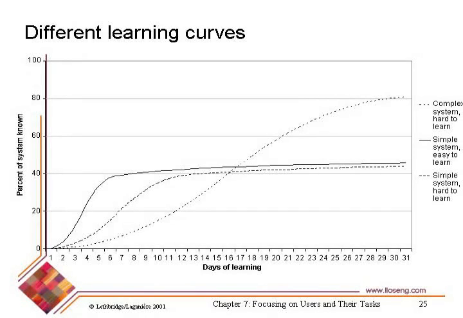You might have heard of a steep learning curve. That term is used incorrectly. A steep learning curve is actually good. This learning curve here is the steepest one. It means they're learning faster. So when people talk about a steep learning curve on a system, what that means is they're learning fast. It shouldn't mean they're having a hard time learning.